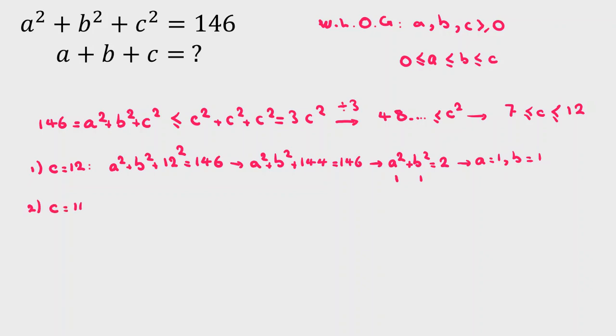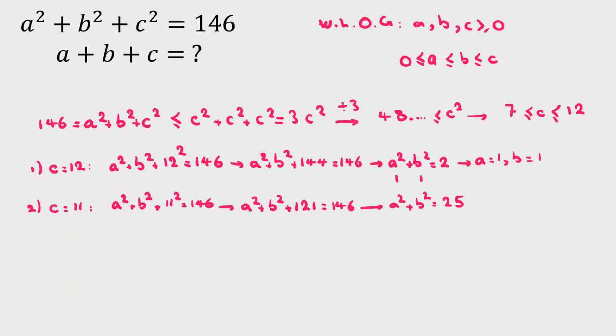Case 2, C equal to 11. So A squared plus B squared plus C, which is 11 squared, equal to 146. So A squared plus B squared, 11 squared is 121, equal to 146. Now, if we subtract 121 from both sides, it will be 25.